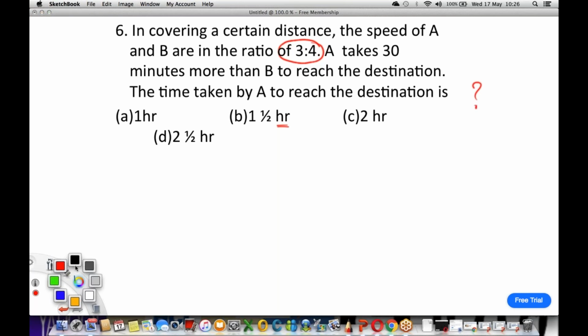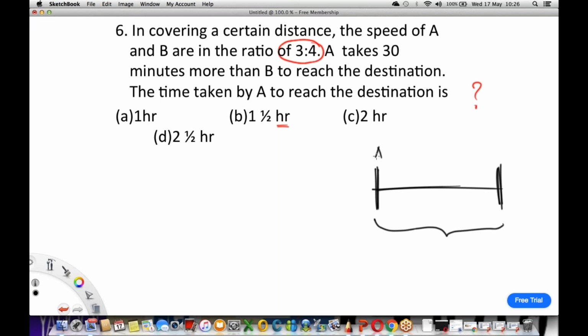Very simple question. Before going to the question, just understand this point. I just want to move from point A to point B, or from my school to my home.